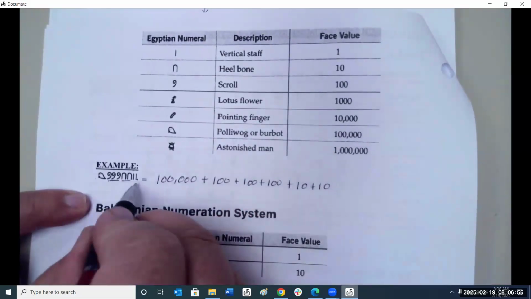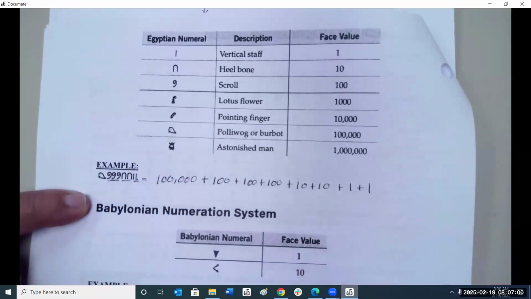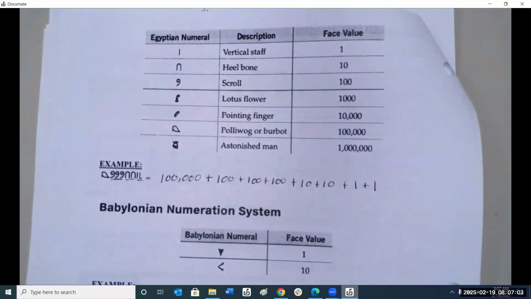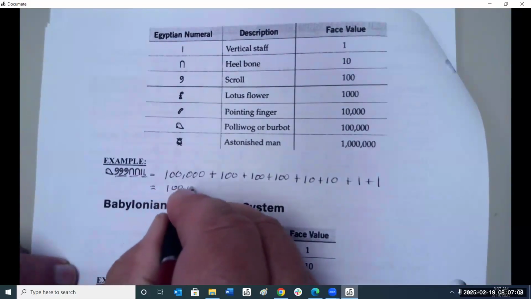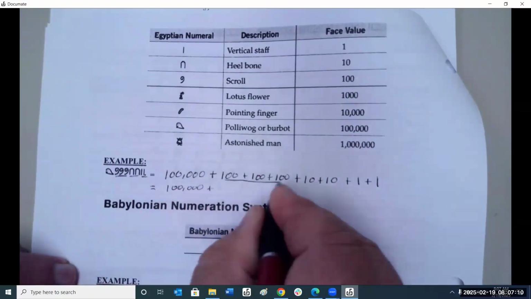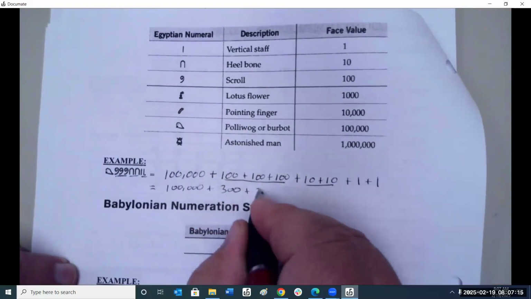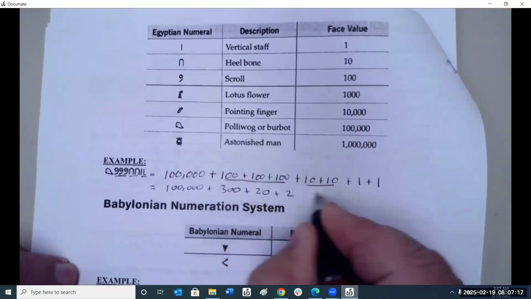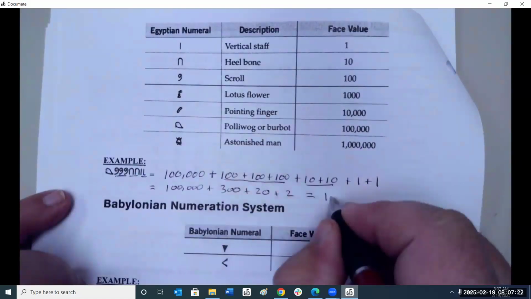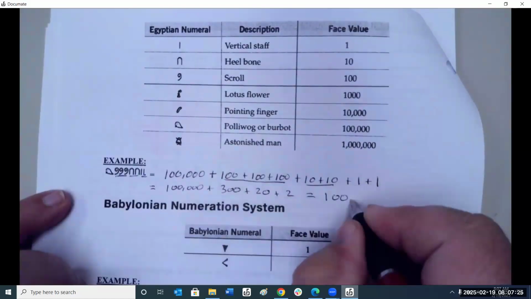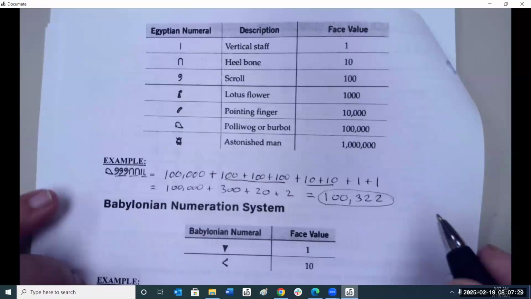And you had 2 staffs. Then you'd add them up. You'd have 100,000, 300, 2 tens, and 2 ones. Add those all together, you get 100,322. That's our number, what it represents today.